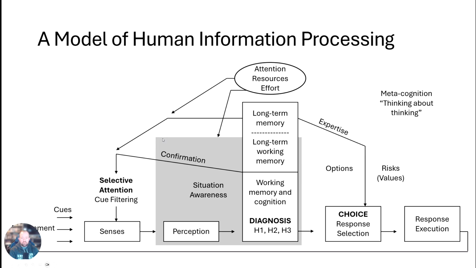This also is within this gray box, which is our situational awareness. And then we have a choice, an action, and then the executing of that action. And this is typically how this works, but it does present a linear process where cognition is not really linear per se.